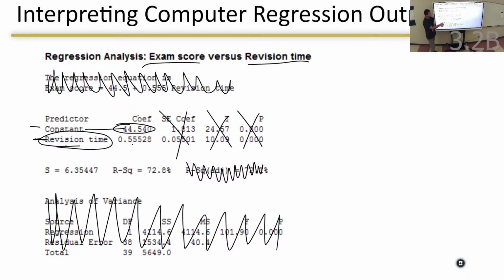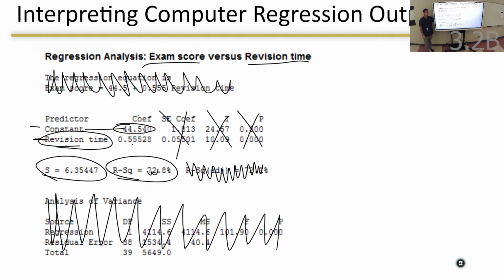Good. Beautiful. And then they may ask, what is the S? S is the standard deviation of the residuals. And then this is the R squared. And then they might ask for the correlation coefficient, which is R. So this is mathematical, you have to put the R squared into a decimal.